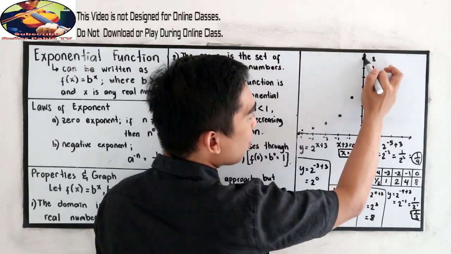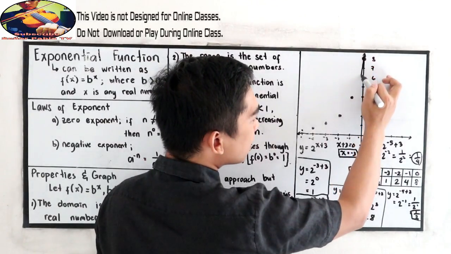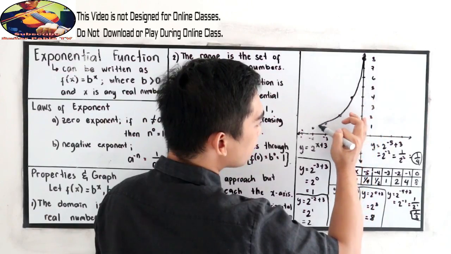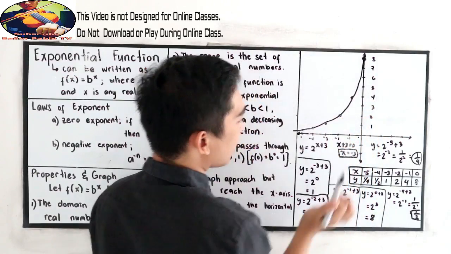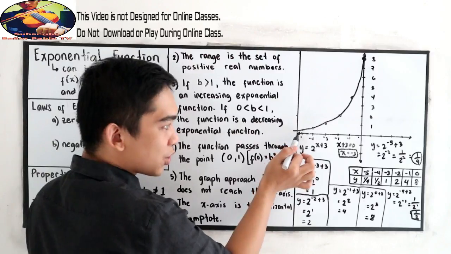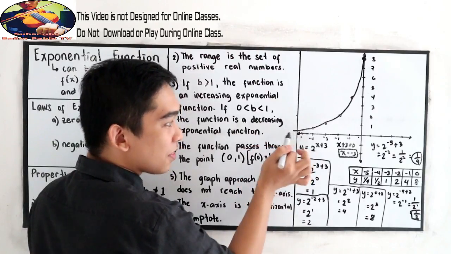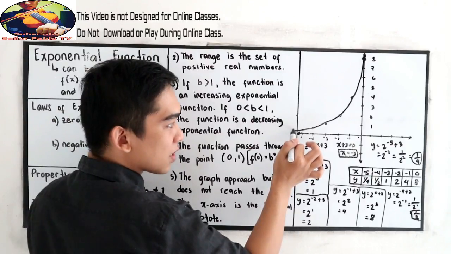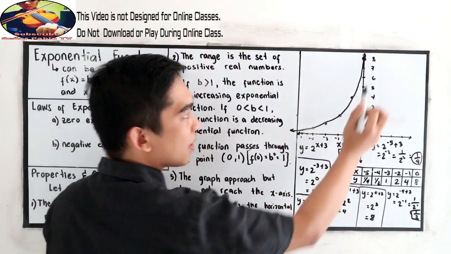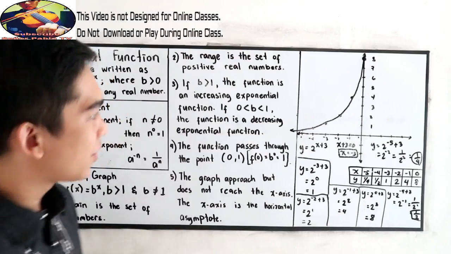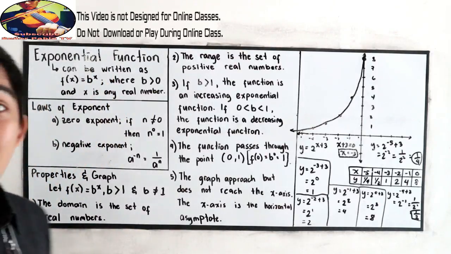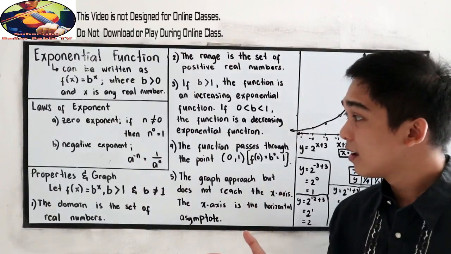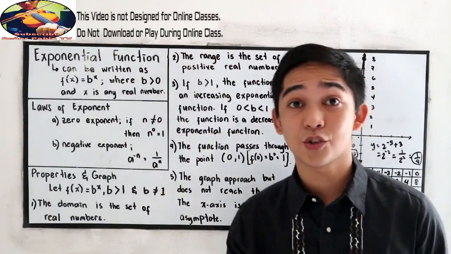So this is now our graph. It will approach the x-axis, but it will not reach our x-axis. It will just go closer and closer, but they will never meet. So that is our exponential function, and of course, its properties and its graph.